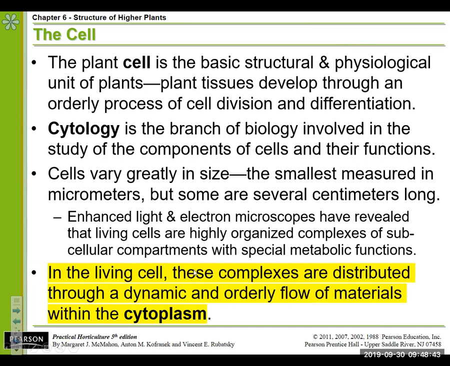Kind of crazy. So cytology comes from the term cytoplasm. And the cytoplasm is basically this kind of juice in the cell. It's this plasma, technically, where we have all of this cellular material being distributed and moving within the cell.